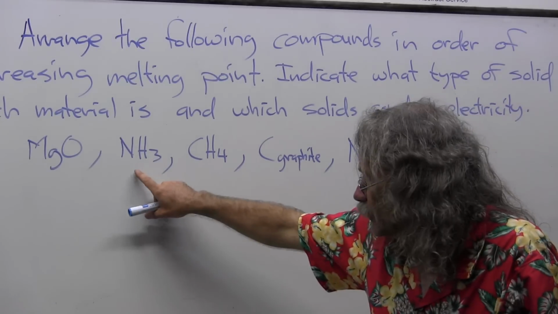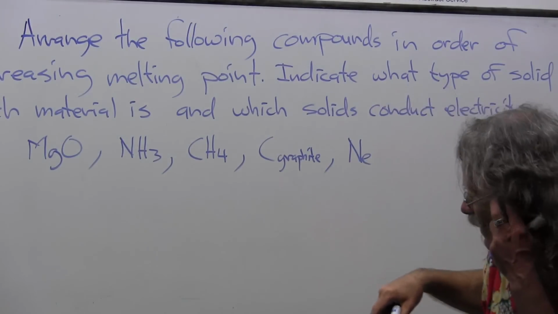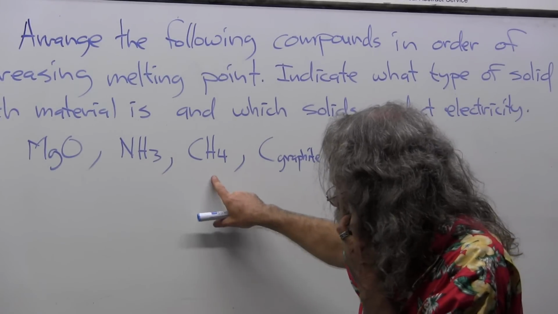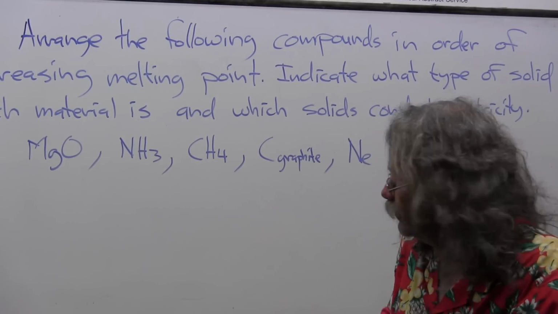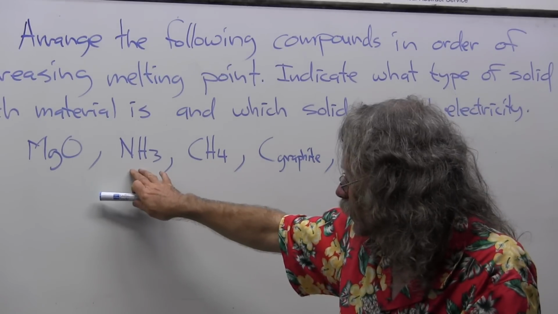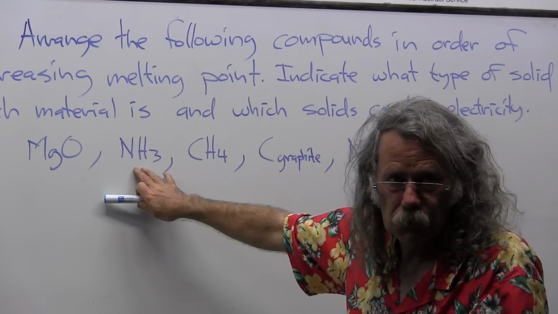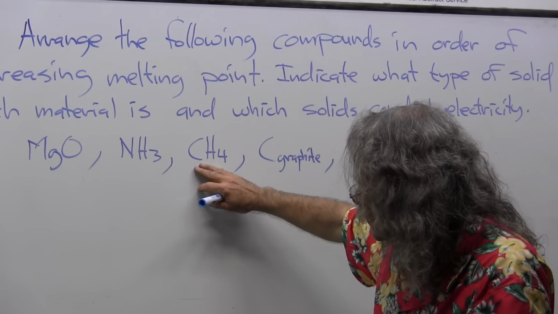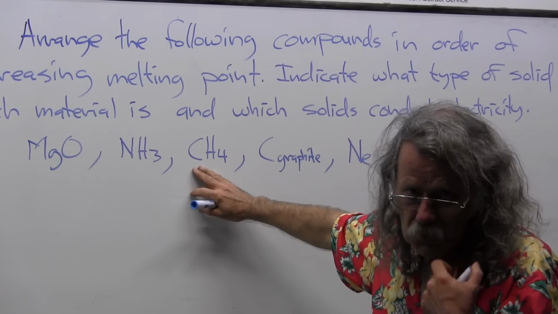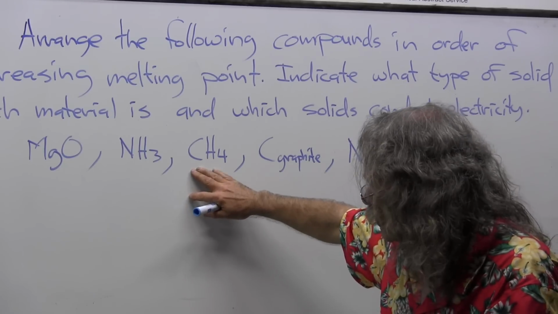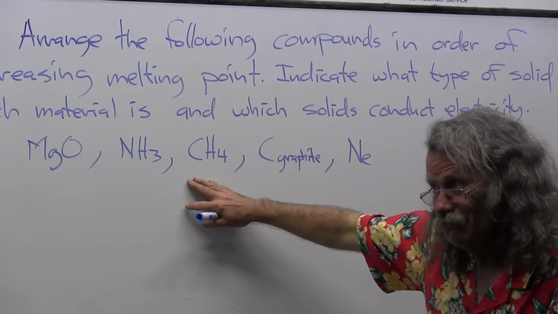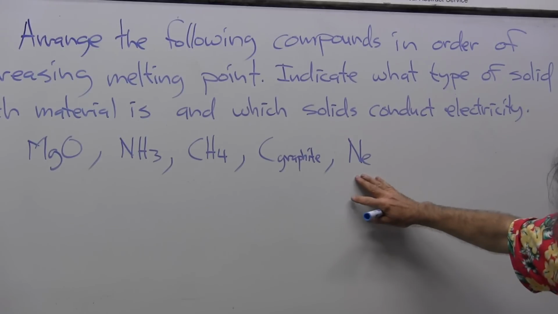Now let's take a look at the two molecular solids, methane and ammonia. These are comparable in mass. This is 16 grams per mole. This is 17 grams per mole. But this is a nonpolar material. It has no dipole, and so therefore it can only engage in London dispersion forces, which means it's about the same as neon.